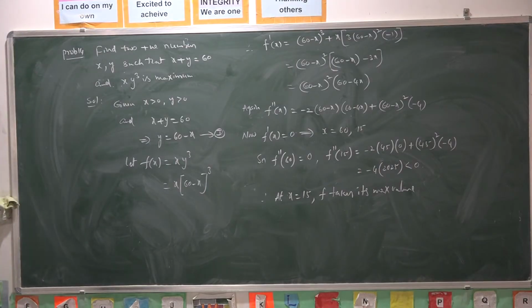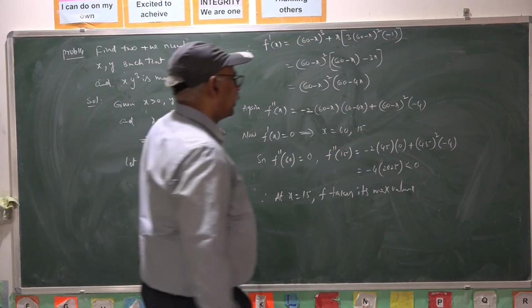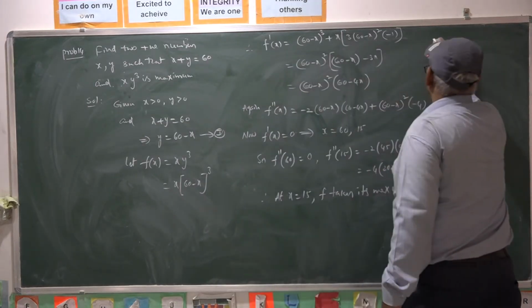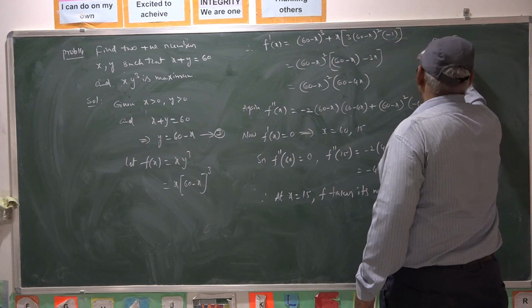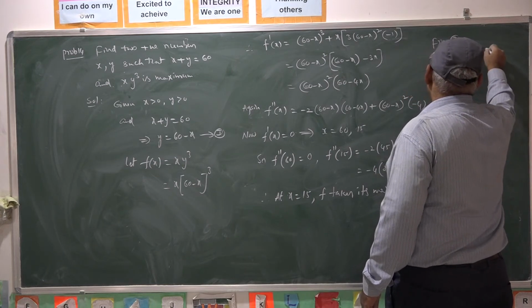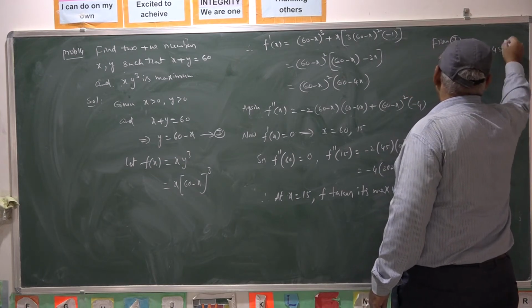So the numbers are: y equal to 60 minus 15, that is 45.